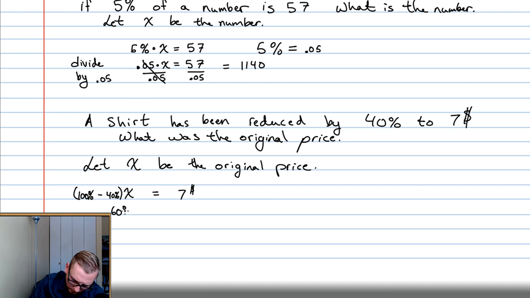So 60% times x is $7. Which implies that 0.6 times x equals 7, x equals 7 divided by 0.6, which is what? 11.67.